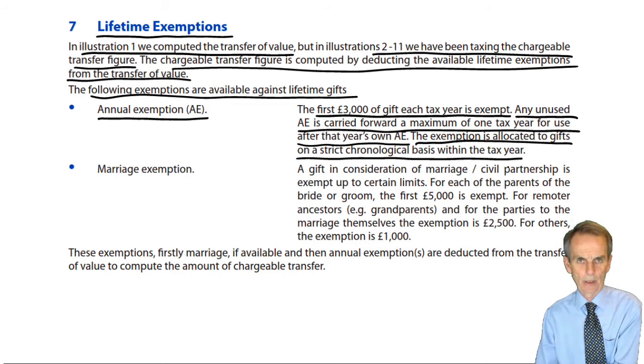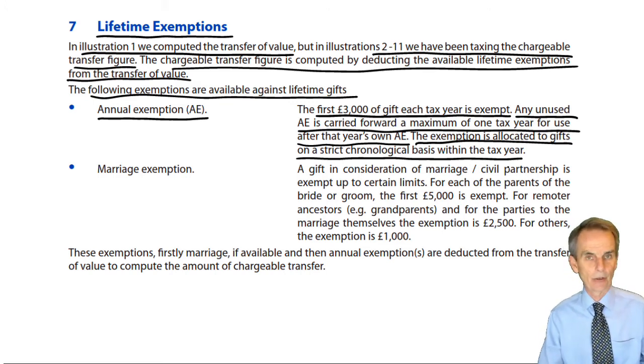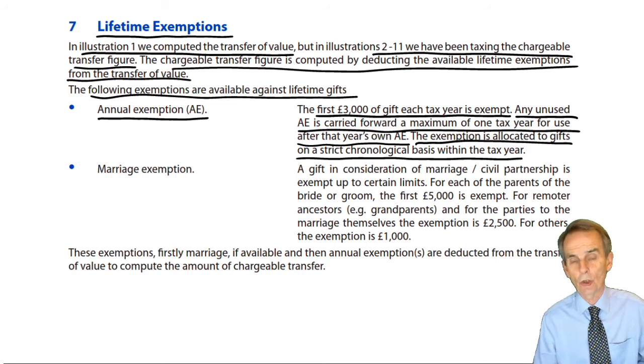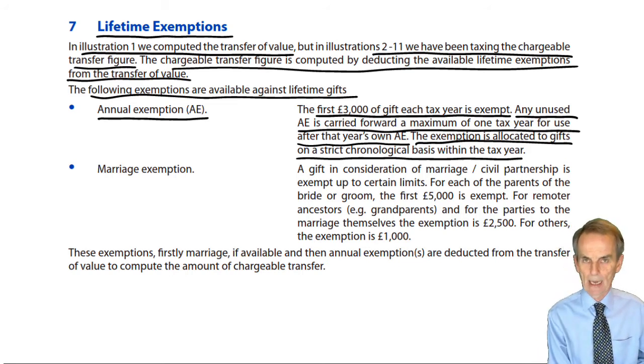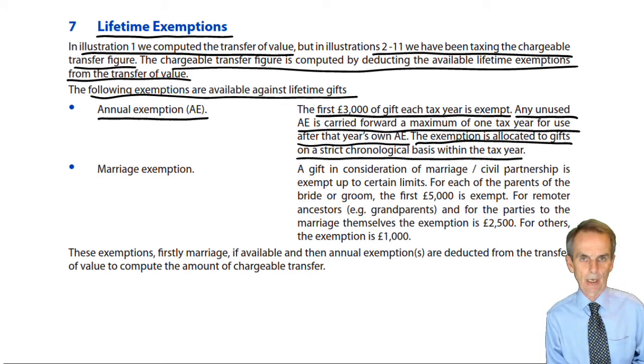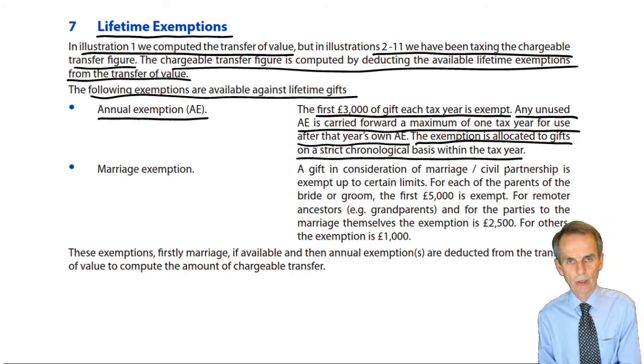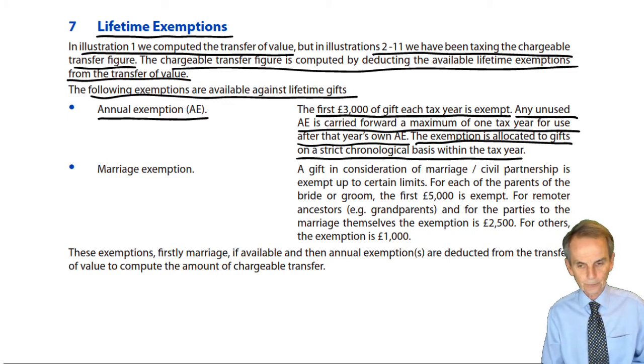The PET in June will take the benefit of the £3,000 annual exemption. If that transfer of value was only £2,000, it would use up £2,000 of the £3,000 annual exemption, meaning there'd be a nil chargeable transfer figure for the PET, and the unused balance of £1,000 would then be available against the October 2020 CLT.